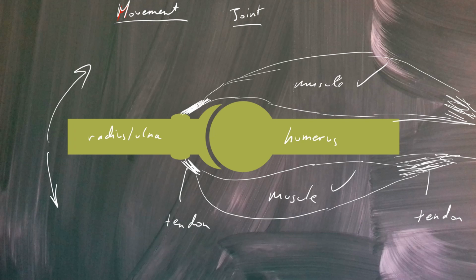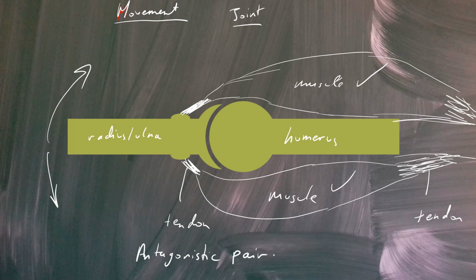Basically you have two muscles working against each other, and this is referred to as an antagonistic pair. When one contracts, the other one relaxes, but muscles cannot push. This is the most important concept here.